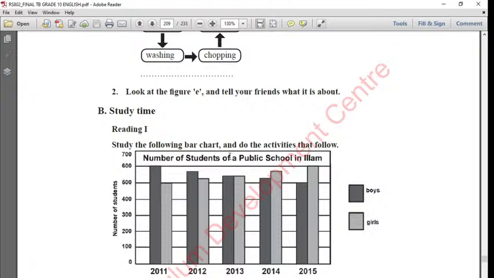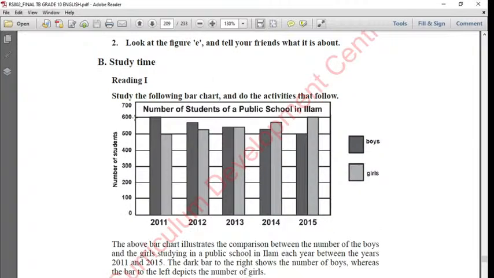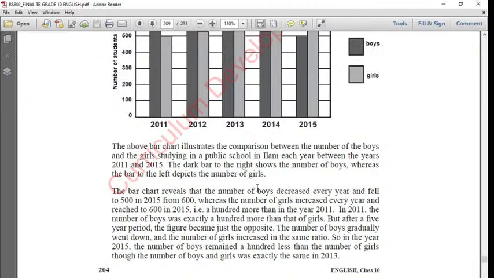So you have a chart from 2011 to 2015 showing the number of girls and boys. At most we have 600 boys in 2011, and the most girls in 2015, the highest. The above bar chart illustrates the comparison between the number of boys and girls studying in a public school in Ilam each year between 2011 and 2015.